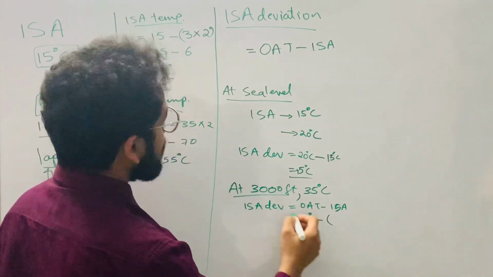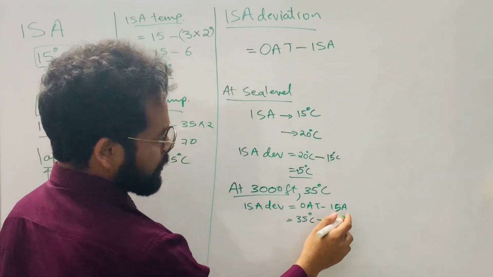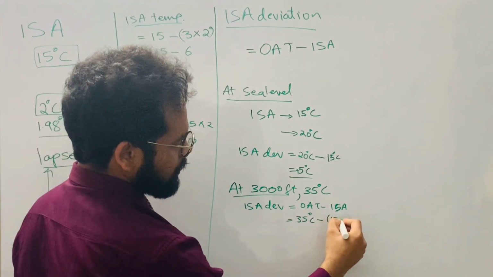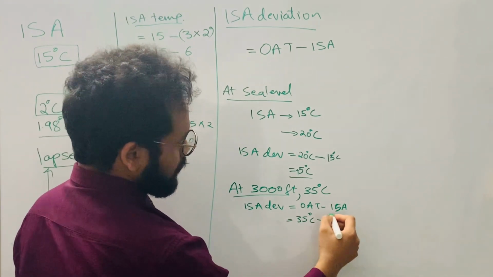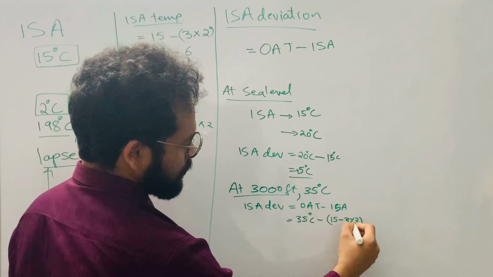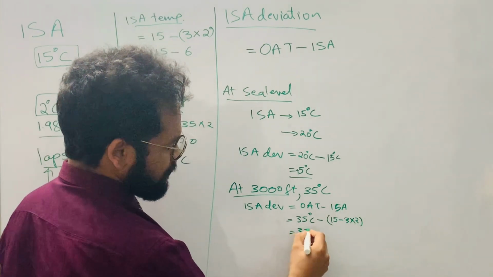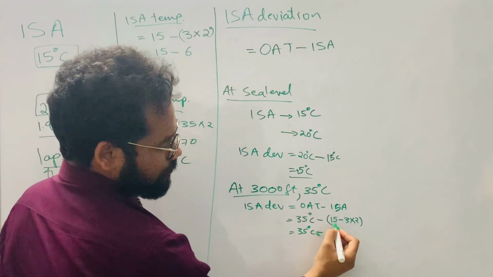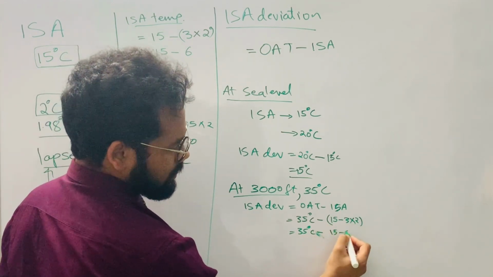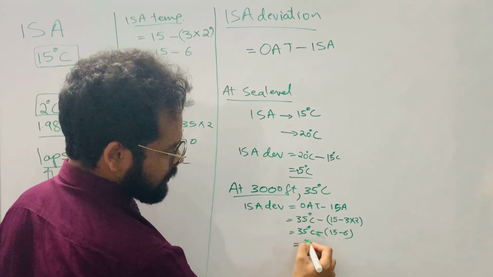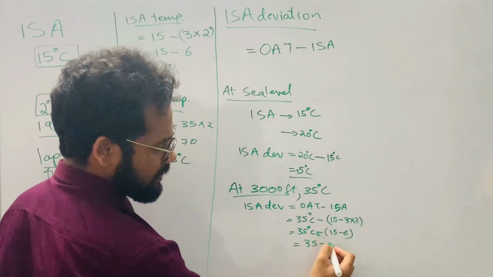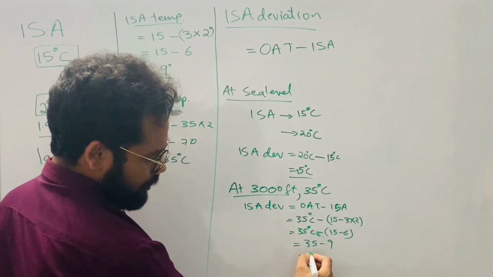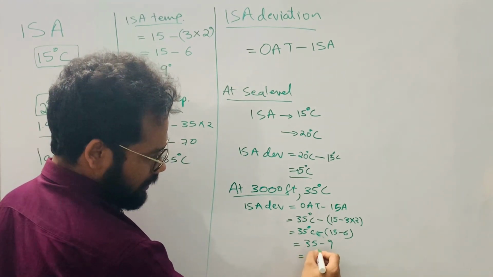If you have not done this calculation, let me write the formula again. For ISA, the formula is 15 degrees minus 3 into the lapse rate, which is 2. So it comes to 35 degrees minus, now this is 15 minus 6, which is 9. 35 minus 9 is 26 degrees Celsius.